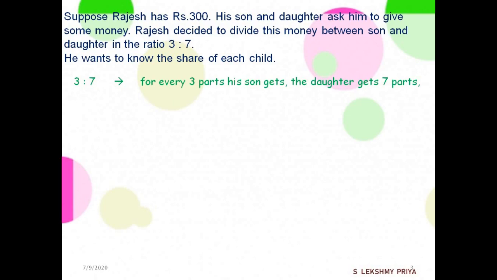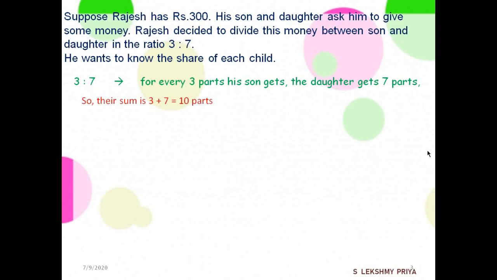Again, for every 3 parts his son gets, there will be 7 parts given to his daughter. So, how many total parts will there be? How will we find it? Just find the sum of the terms in the ratio. What are the terms in the ratio? The ratio is 3:7.